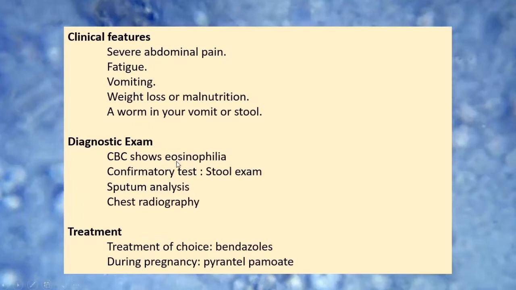Diagnostic exams are CBC, which shows eosinophilia, and confirmatory tests: a stool exam to check if worms can be found in the stool, sputum analysis, and also chest radiography. The treatment of choice is albendazole. This is a medicine for ascariasis.